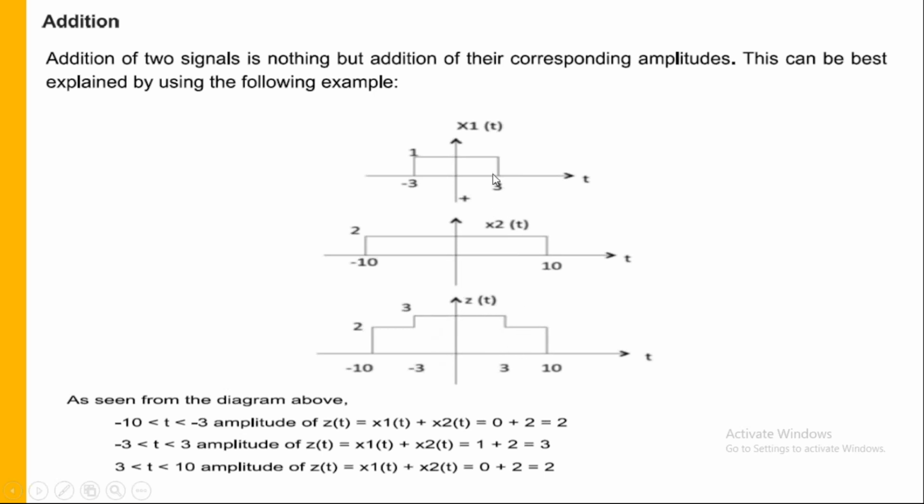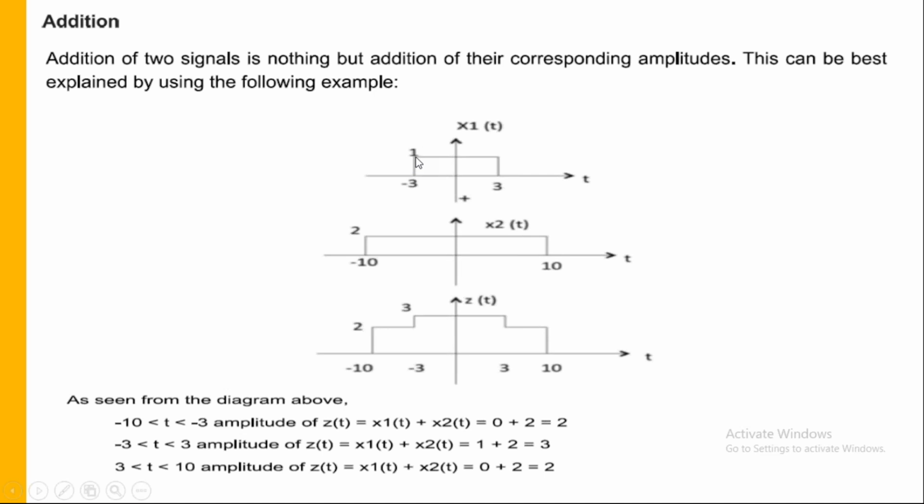Then from 3 to 10, again we don't have x1 of t, which is 0, and x2 of t is again 2. So that is how you are going to have this. Observe it: the moment you add these two signals, you will get this waveform. Please try to understand and practice this. It's a simple logic.